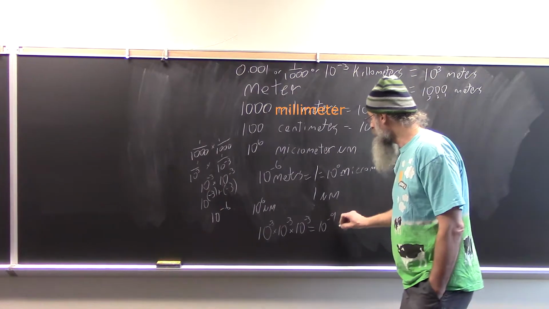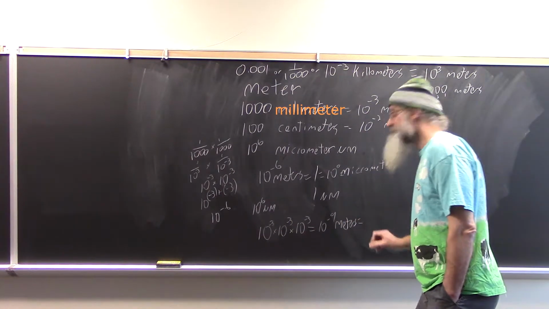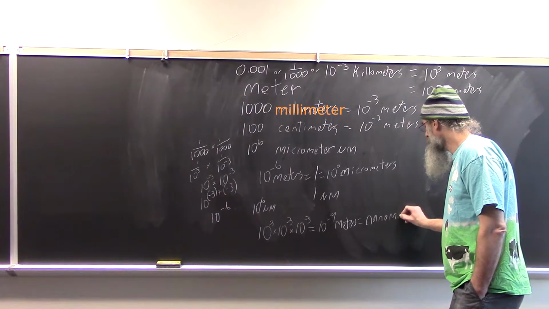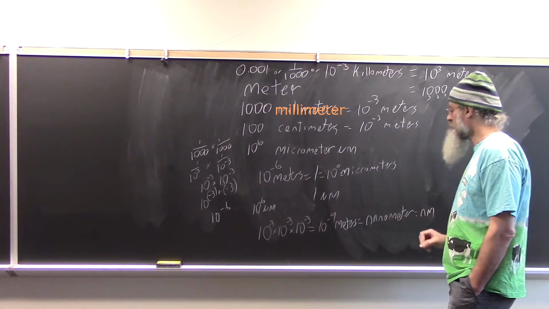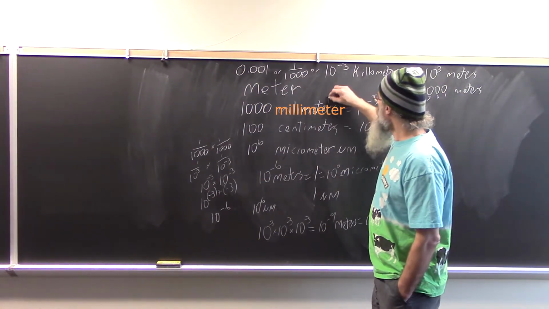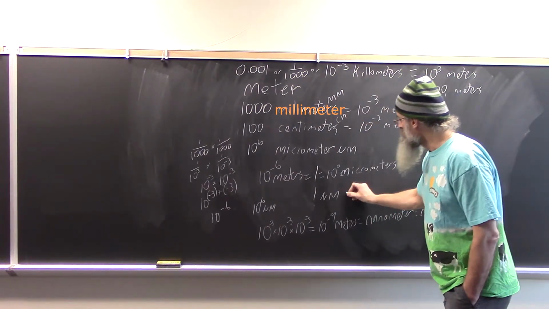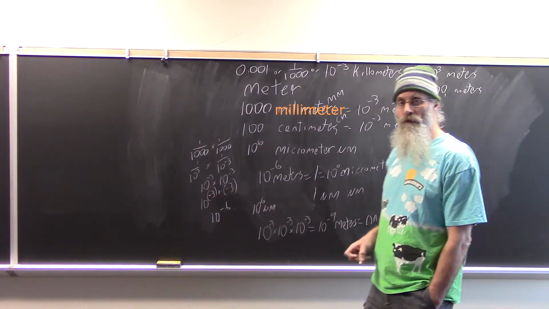So 10 to the minus 9 meters is equal to a nanometer. This is much easier to abbreviate, it's just NM. MM, CM, mu, M, NM.